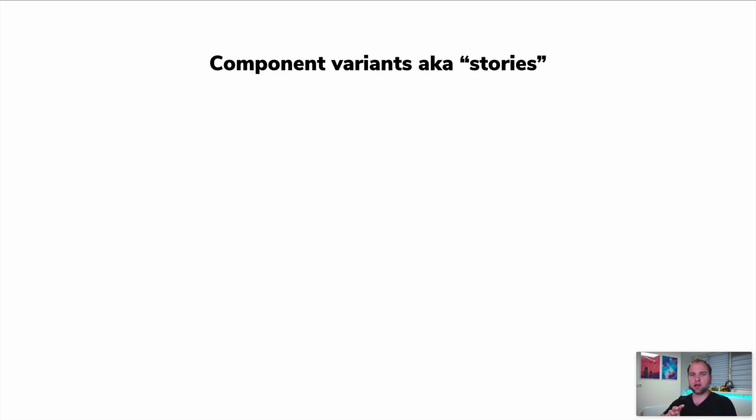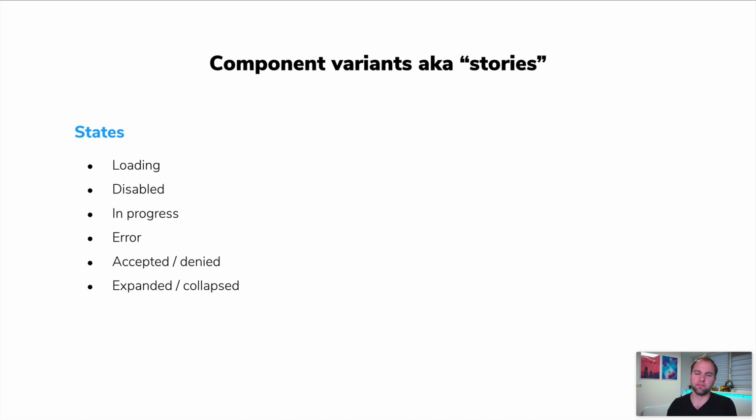All right, so let's talk about these component variants, aka stories. There are a bunch of things that you can use this for. You previously saw this example with a primary and secondary appearance of a button, which is just variations on the theme, color-wise or such. But there is way more that you could consider here.